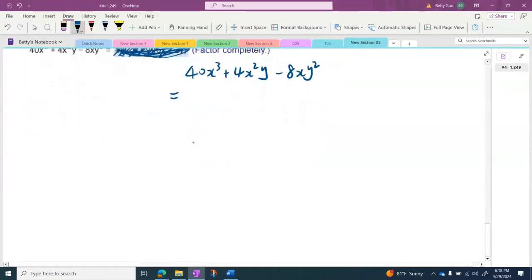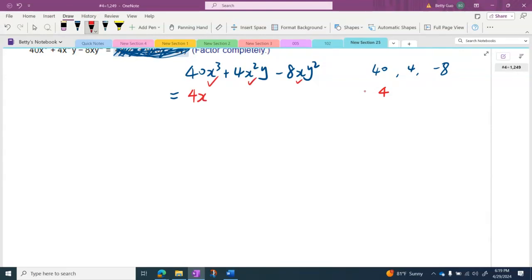It is a trinomial, and it does have a GCF different from 1. Firstly, let's look at the three coefficients. We have 40, we have 4, we have negative 8. The GCF obviously is 4, right? And then we look at the variable x. We have x cubed here, x squared here, x here.